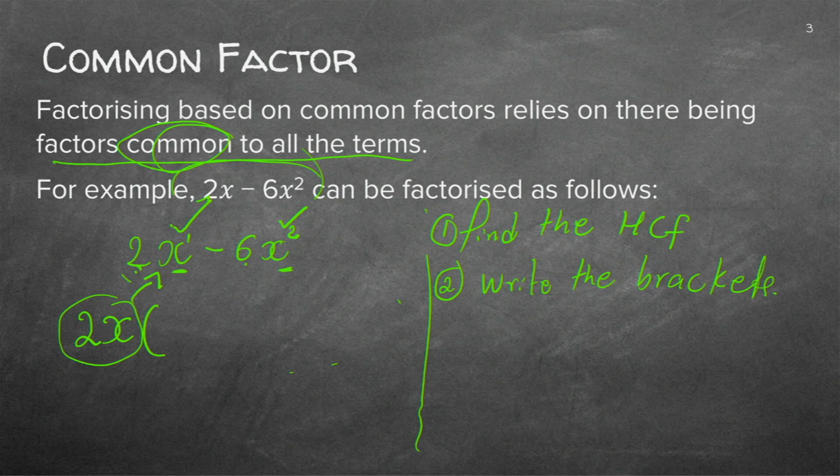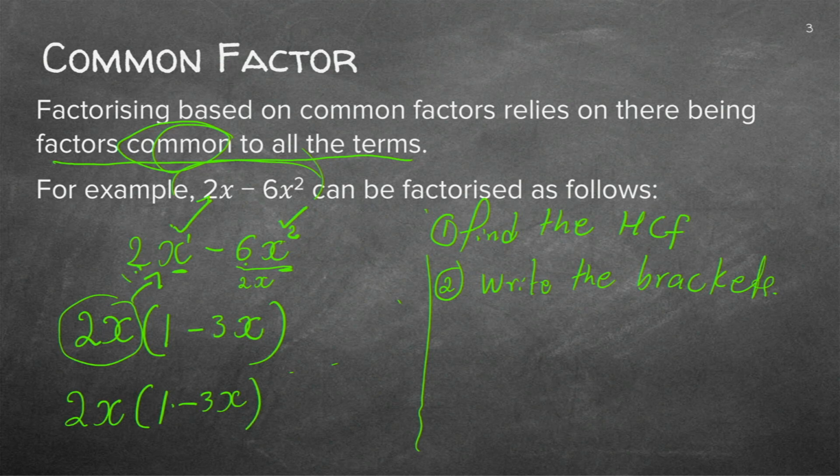So if I divide 2x by 2x, I'm left with 1. And again, if I divide this by 2x, I'm going to be left with 3x to the power of 1. So that is why I've given you the answer in this form, 1 minus 3x.